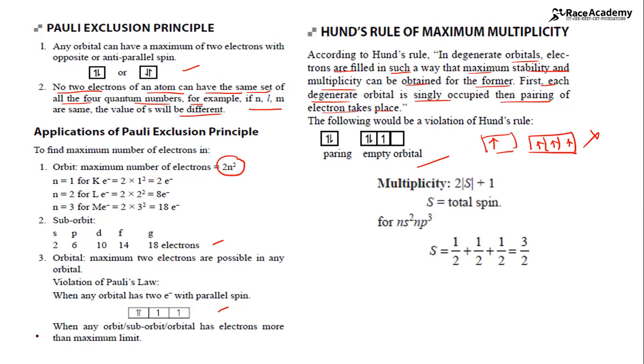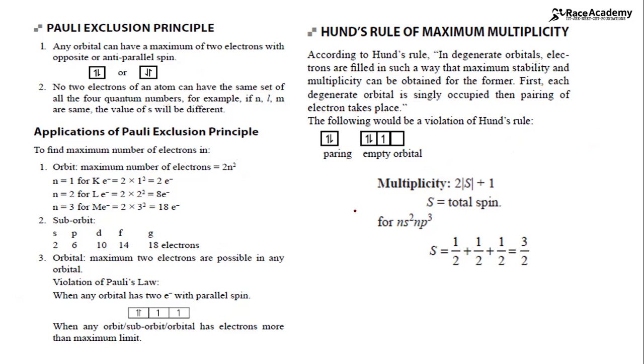Next, what about the multiplicity formula? It is 2|S| + 1, that is 2s plus 1. If you consider ns2 np3 for example, what is the spin?